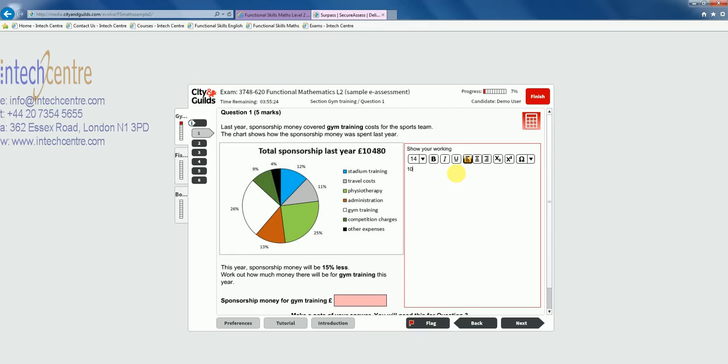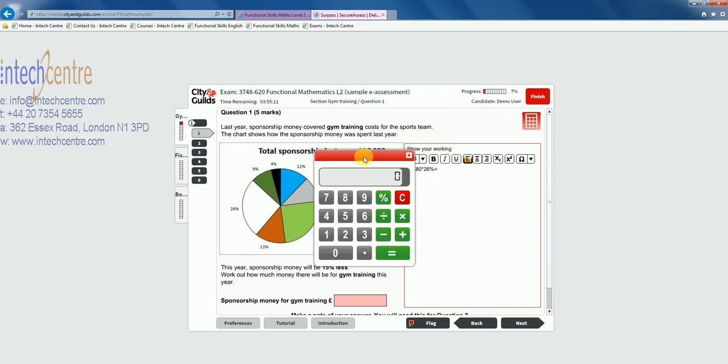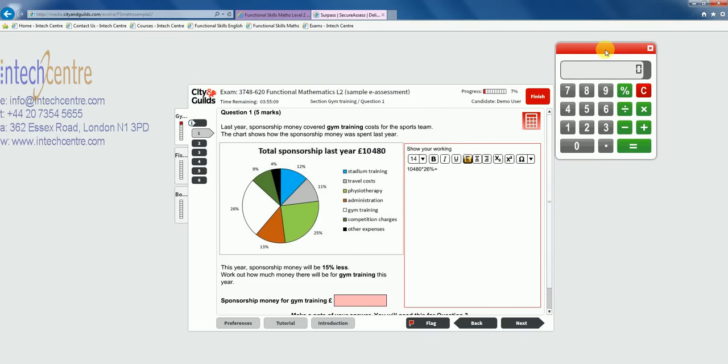So I'm going to do 10,480. So I'm going to times this by 26%. So if I do this on the calculator here, you can also move this on-screen calculator out the way if you wish. So you can actually scroll down the page so it doesn't interfere with your actual working out.